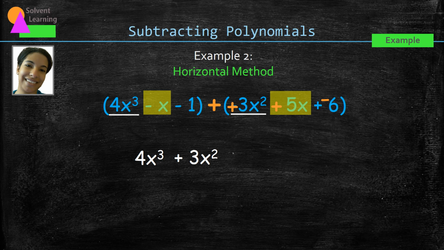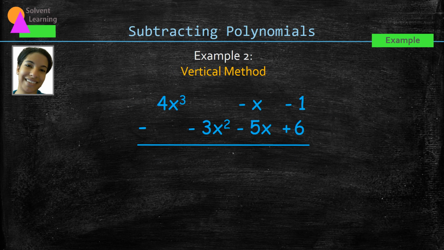We can now add those together. Negative x and positive 5x give us plus 4x, and negative 1 plus negative 6 gives us negative 7 or minus 7. Okay, so here's our final solution. 4x cubed plus 3x squared plus 4x minus 7.